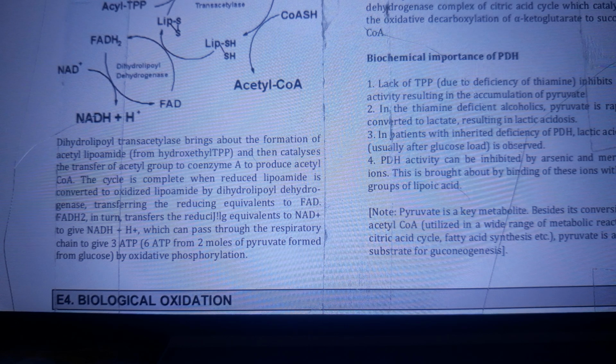The cycle is complete when reduced lipoamide is converted to oxidized lipoamide by dihydrolipoyl dehydrogenase, transferring the reducing equivalents to FAD, giving FADH2. In turn, this transfers the reducing equivalents to NAD plus to give NADH plus H plus, which can pass through the respiratory chain to give 3 ATP, 6 ATP from 2 moles of pyruvate formed from glucose by oxidative phosphorylation.